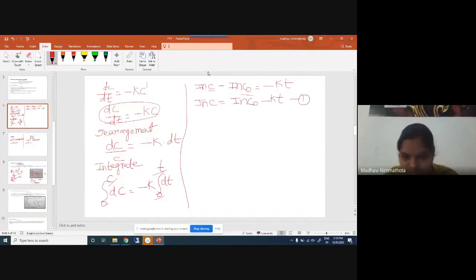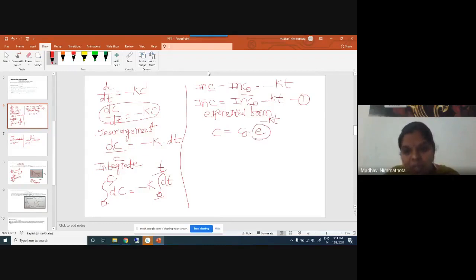Consider equation number 1. Then you have to write the exponential form of this equation. You will get C equals C0 into e to the power of minus kt.